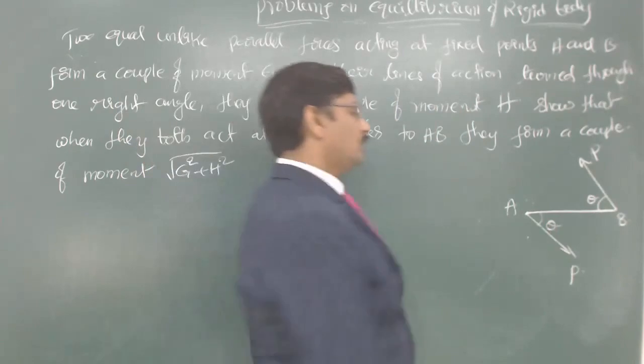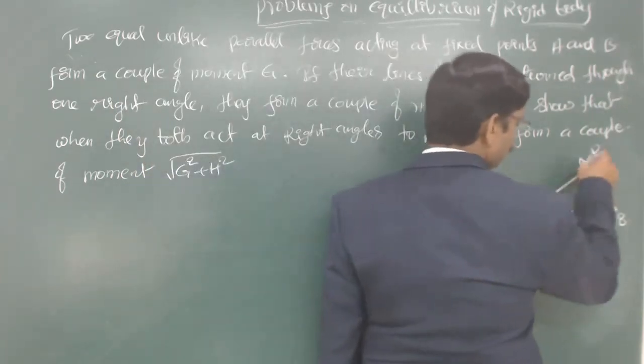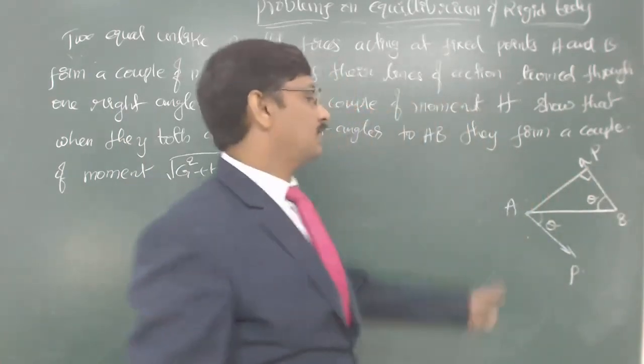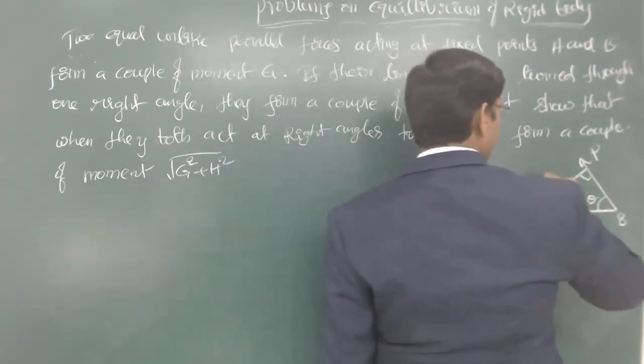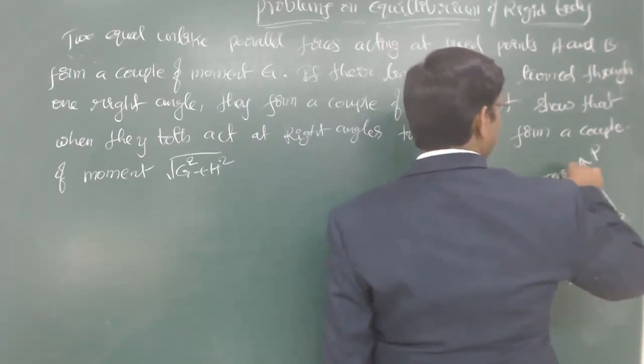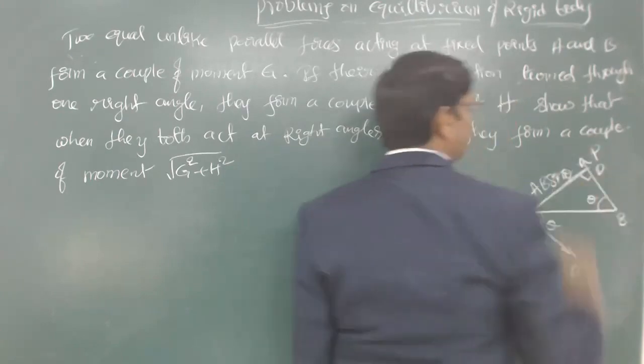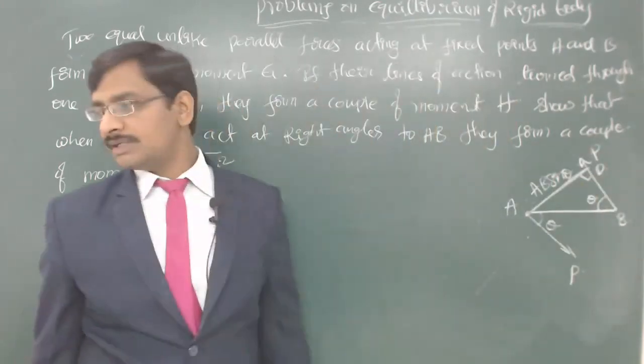Now the perpendicular distance between these two is nothing but this length. So this is AB sine theta, this particular perpendicular distance. I call this AD; AD is the perpendicular distance.